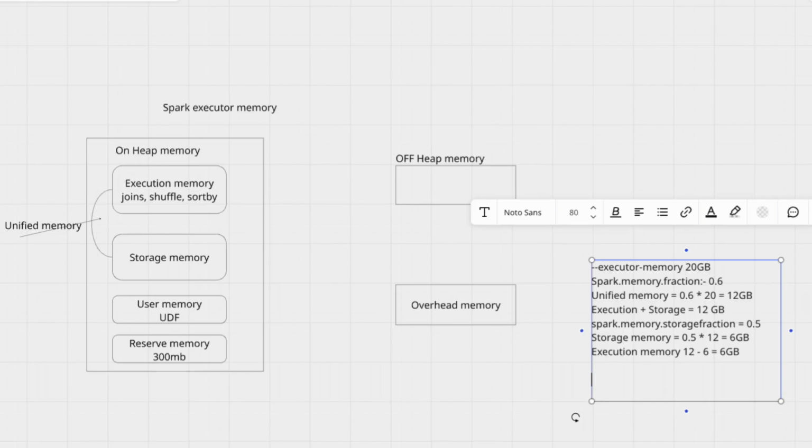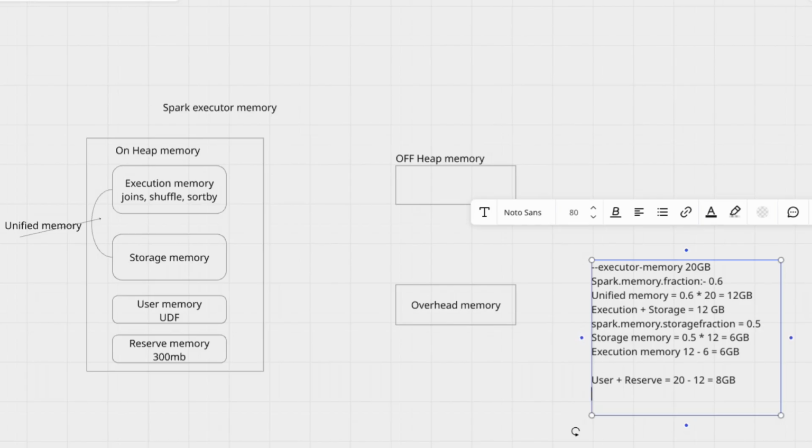We have around 8 GB left. We have assigned 20 GB to the executor memory, and in this 20 GB, the unified memory becomes 12 GB, so you are left with 8 GB. That means your user plus reserve memory is now 20 minus 12, which is 8 GB.